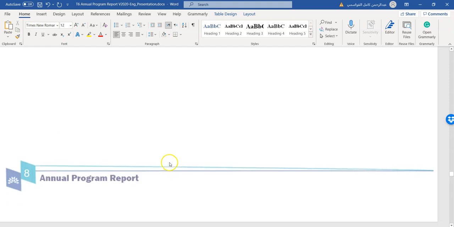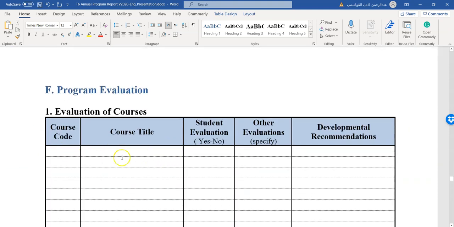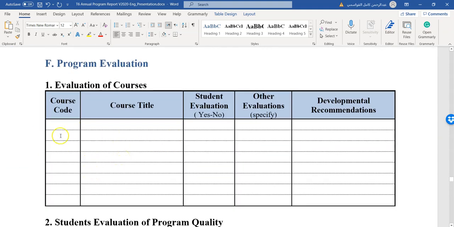Okay, now go down, program evaluation. This is important. Evaluation of courses. All courses are evaluated by students.